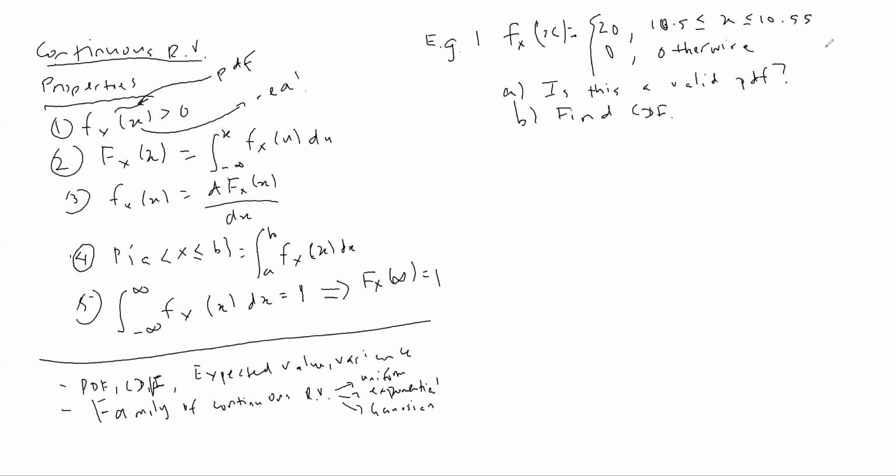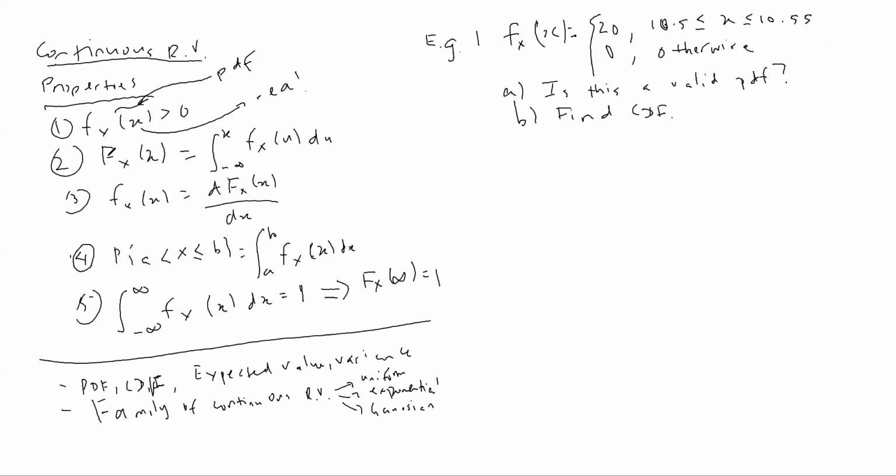So what we are interested in is basically a region, an area, an interval of interest. When we want to find the probability, we are going to find an interval of interest, such as what we see in property number 4 here. The first property is that the PDF must always be larger than 0.